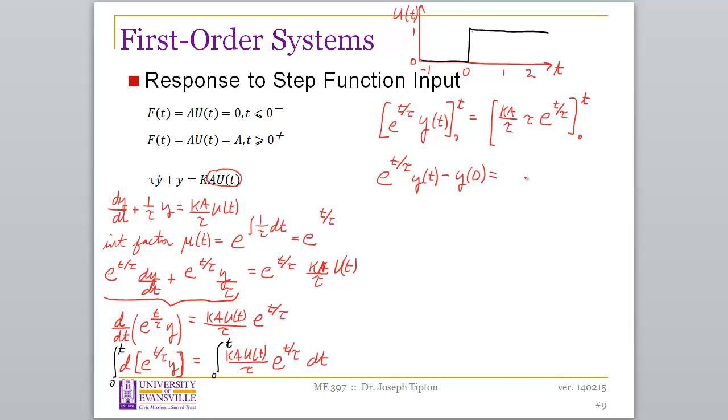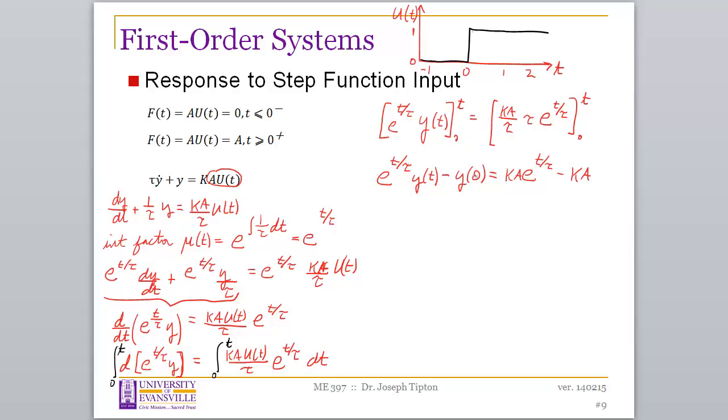And then on the right-hand side, let's see here. When time is 0, e to the 0 is 1, so I'll just have Ka. And then when time is t, I will have Ka times e to the t over tau. And there's my time 0 result.